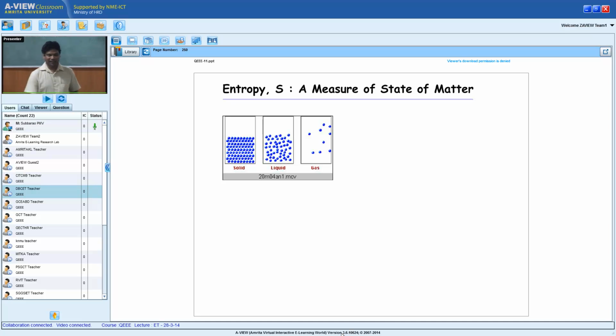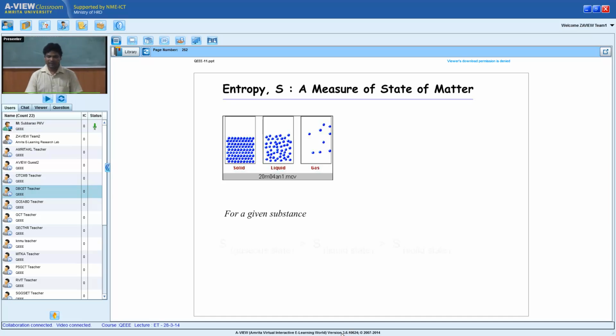You see this, if it is a solid of any substance, beautiful organization. When it is a liquid, a little randomness. When it is a vapor, much more random. That's how the entropy works. Suppose I can create a triple point, now I can get the solid, liquid, and vapor all together. If I move a little to the liquid side, a little to the solid side, a little to the vapor side, you can see this.